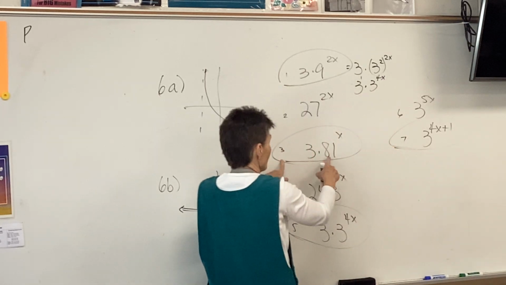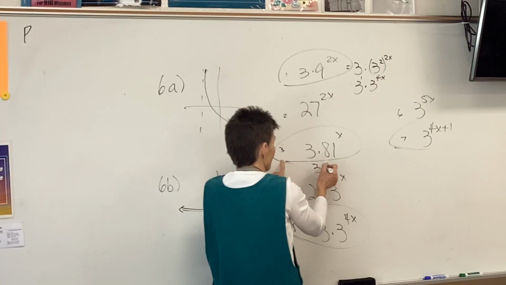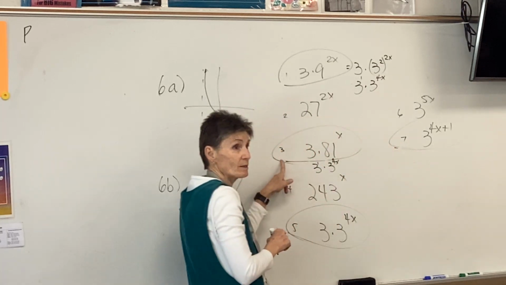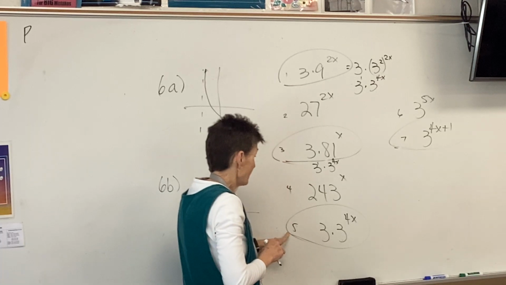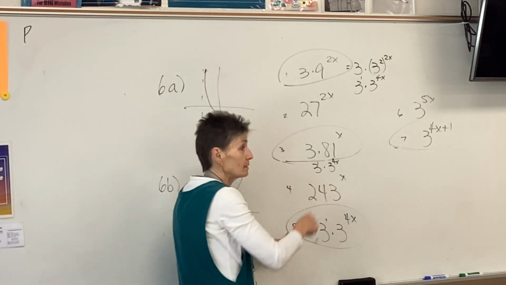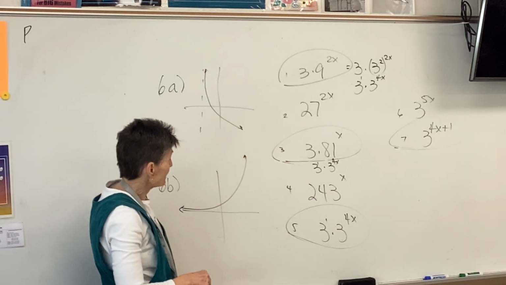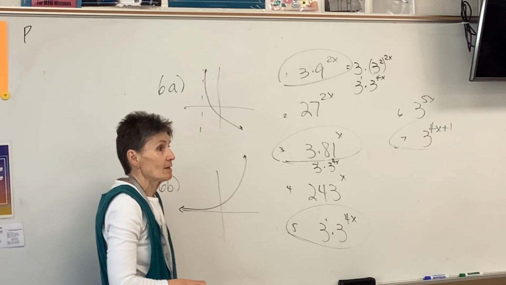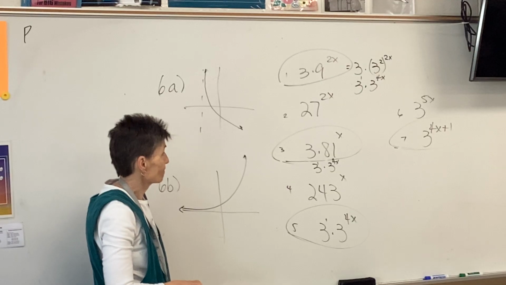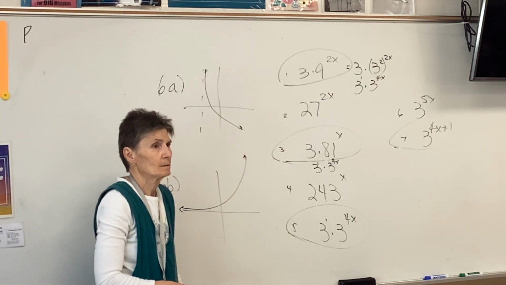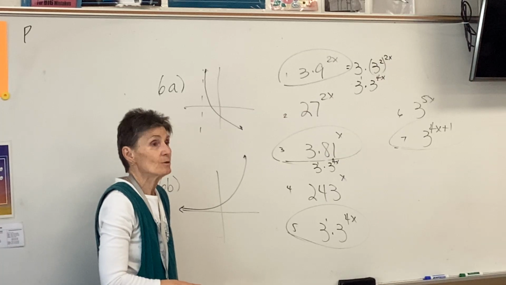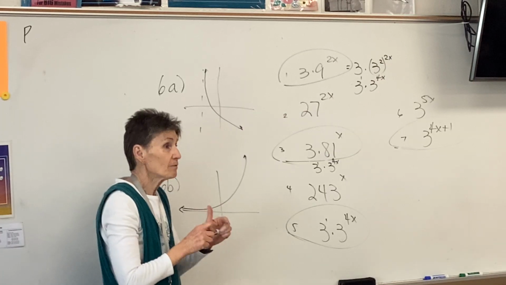And what about this one? What's 81? 3 to the 4th. Won't that also be 4x plus 1 on that exponent? Remember, you add the exponent. And this one? Yep, she's exactly right. Anybody find any others that match? What's 243? 3 to the 5th.